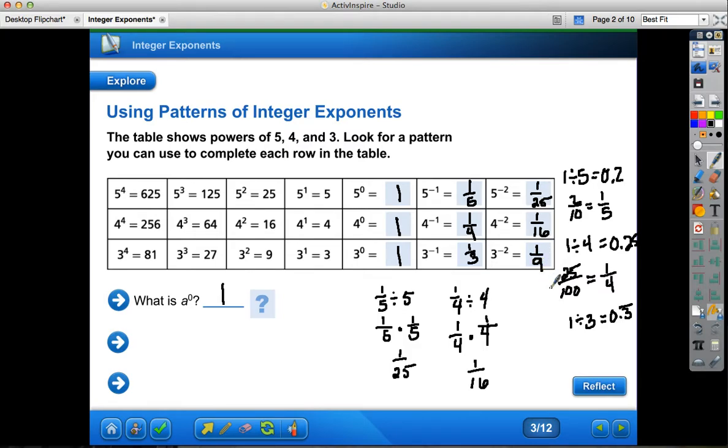If you made this conjecture, you would be correct. So what can we say is a to the negative 2? What is any number to the negative 2 power? Any number to the negative 2 power is going to be 1 over that number squared.